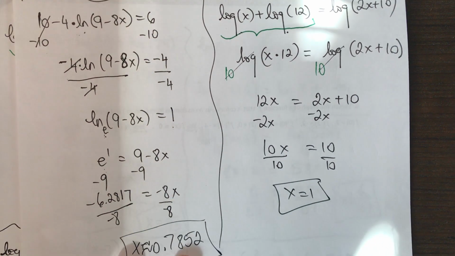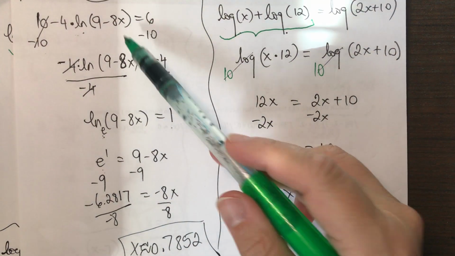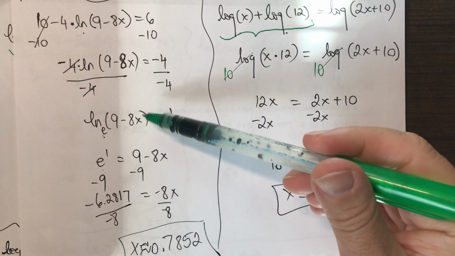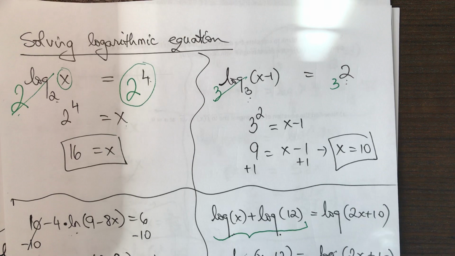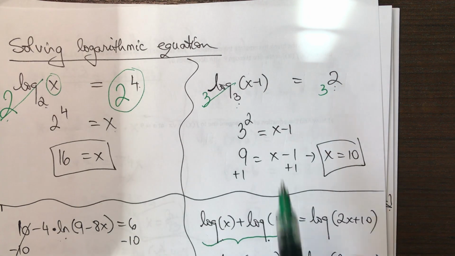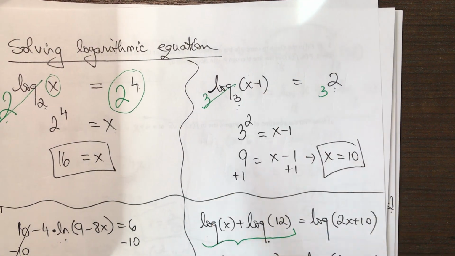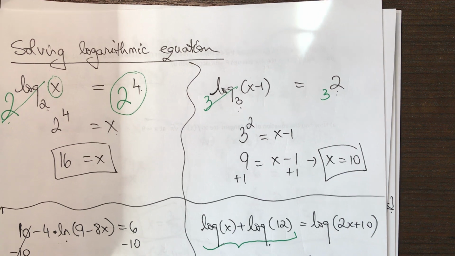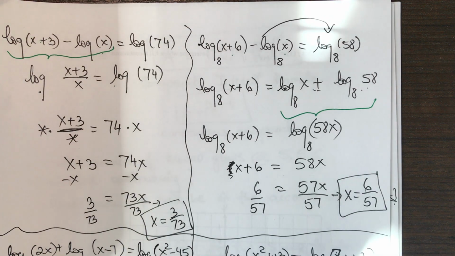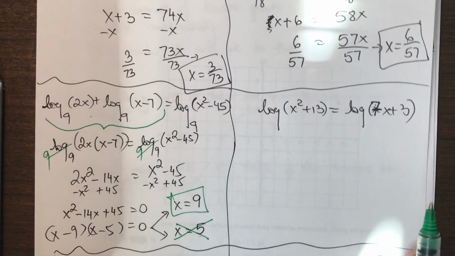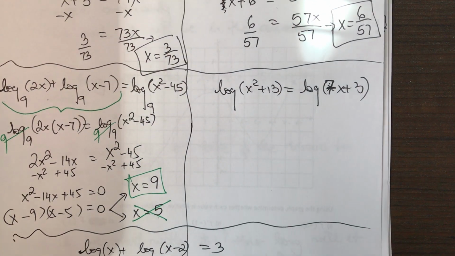So these were all fine. I did make sure 9 minus 8 times 0.7 is still a positive value. So again, I didn't stop you in your tracks. I already knew my answers were going to work out from the beginning. But now that this issue has come up, we need to remember to check.